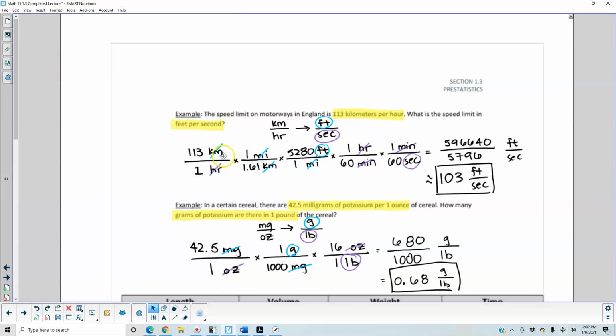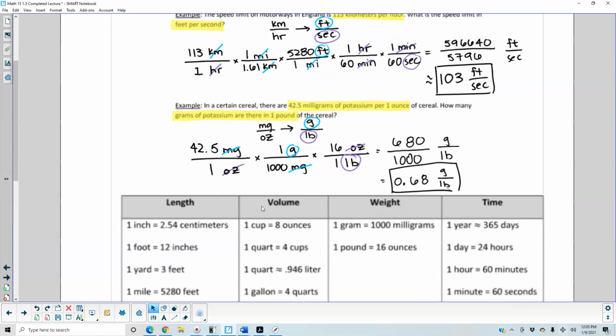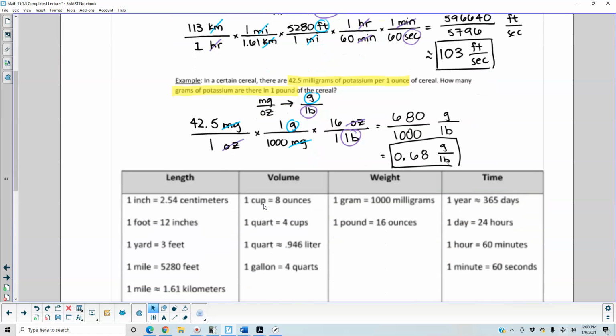So we look at the numerator, we have kilometers, and we want to get rid of kilometers so that it's in a denominator. So if we come back to our conversion, we can look here and see that 1.61 kilometers is equal to 1 mile. So we have 1 mile over 1.61 kilometers. So that means we can eliminate the kilometers units.